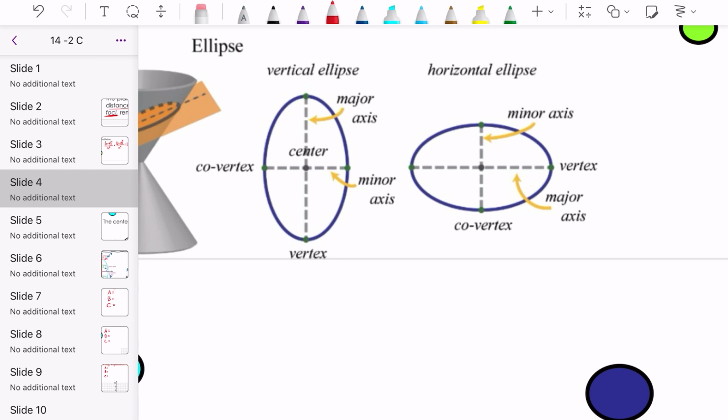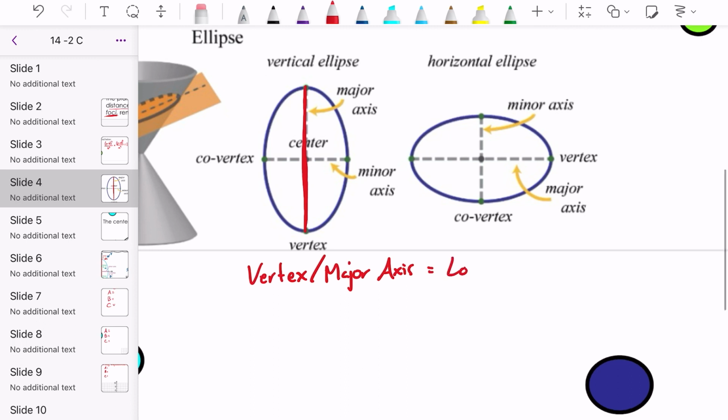It is just the orientation of the ellipse that rotates, meaning your long side, or your major axis, will always be the long side, and that will be the vertex, or major axis, and that is going to be considered your long side.